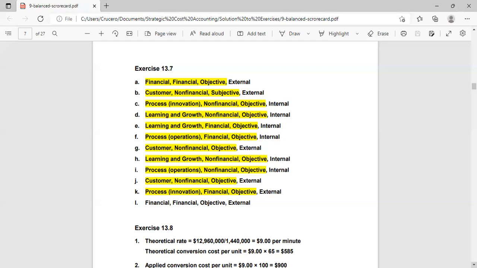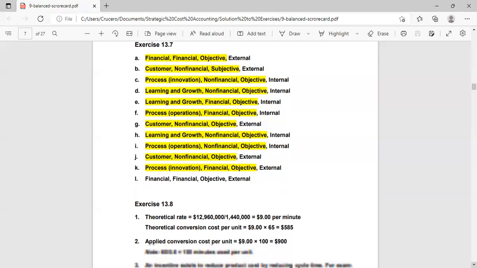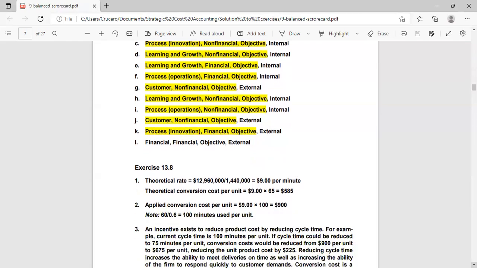So we have now to compute the theoretical conversion cost per unit. From exercise number 8, the theoretical rate is 12,960,000 divided by 1,440,000, the labor minutes available. And we have now $9 per minute.